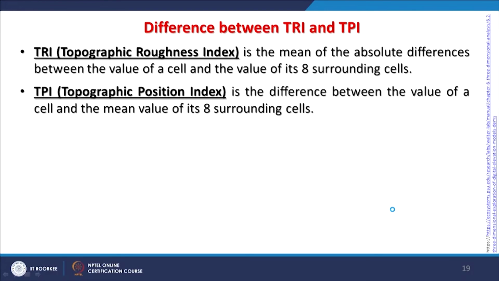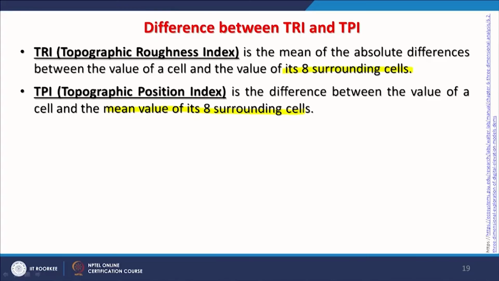So, there is a calculation difference: one is basically with the surrounding 8 cells, and here is the mean value of the 8 surrounding cells. Here it is the absolute difference between the value of the cell and its neighbors, whereas there it is the difference between the value of the cell and the mean value. So, this is also the mean of the absolute difference.